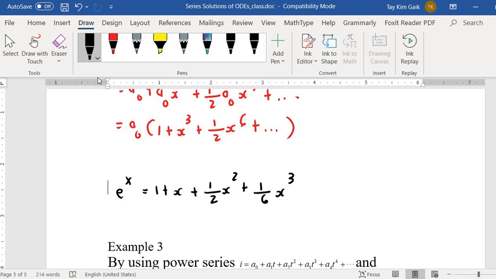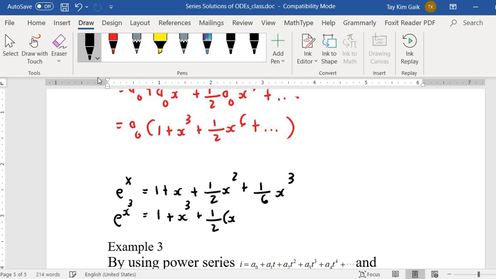So x cubed squared, you get x power 6. If you replace x by x cubed, then the power series expansion, you just replace the x by x cubed.